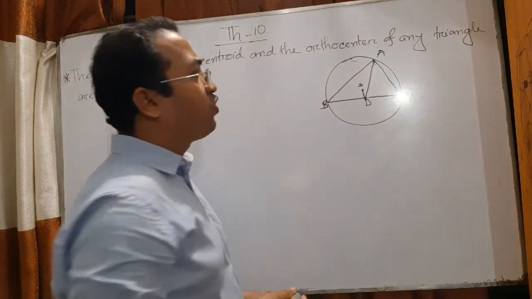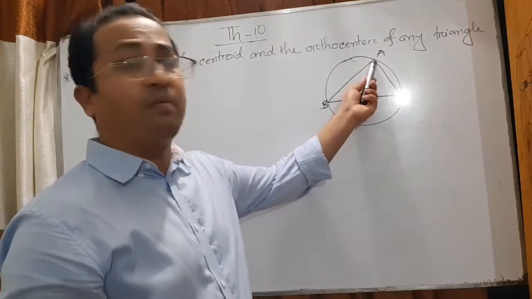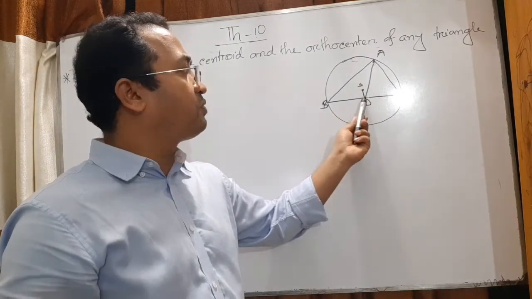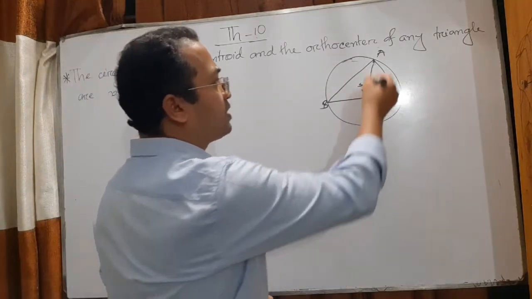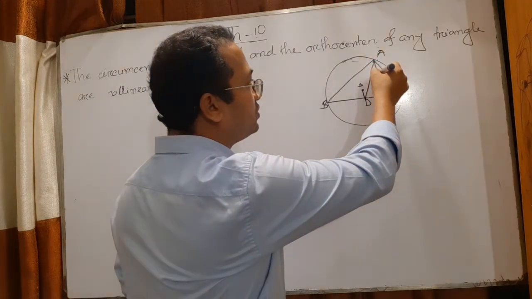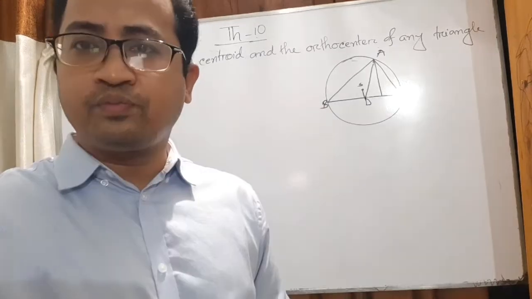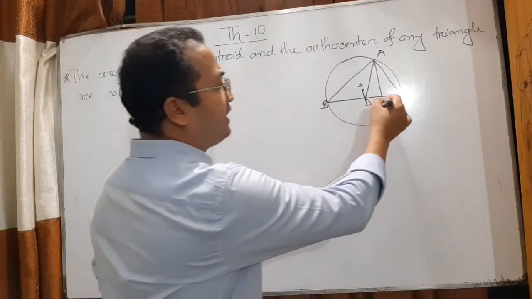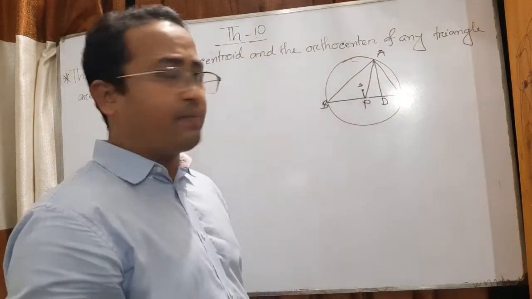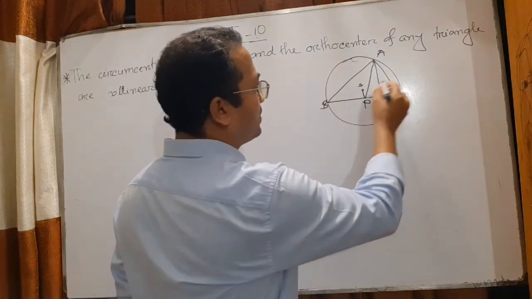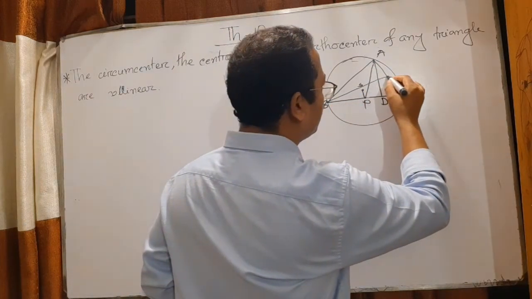Join AD. So what is AD? By the definition, AD is the median, because it joins the vertex to the midpoint of the opposite side. Now draw a perpendicular from A to BC. This is the perpendicular from A to BC, say this is P, and this is D. Again draw another perpendicular to AC.